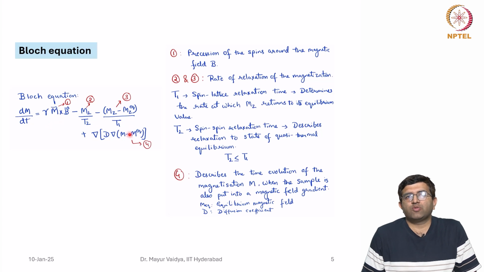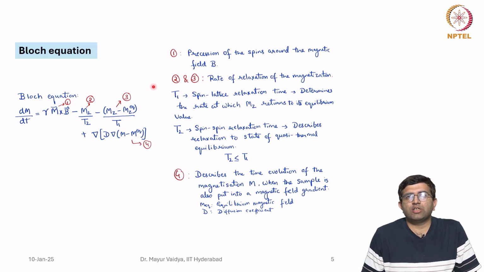It has 4 different terms: gamma M cross B, minus M perpendicular by T2, minus Mz minus Mz equilibrium by T1, plus gradient of D times gradient of M minus M equilibrium. So, remember there are 4 terms here. What are these 4 terms? Let us try to look at that.